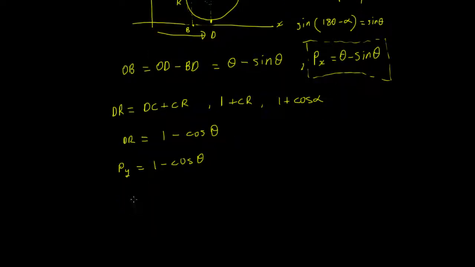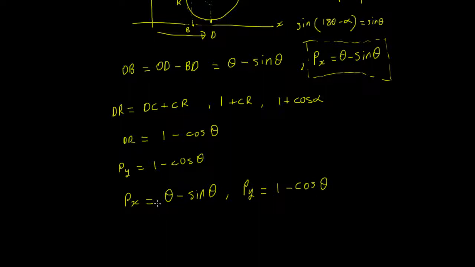So now we've got px and py. px equals theta minus sine of theta, and py is 1 minus cos theta.